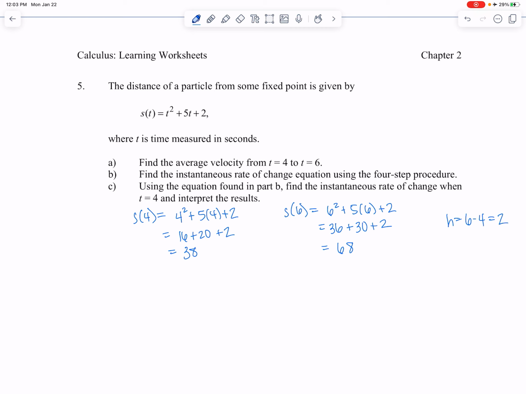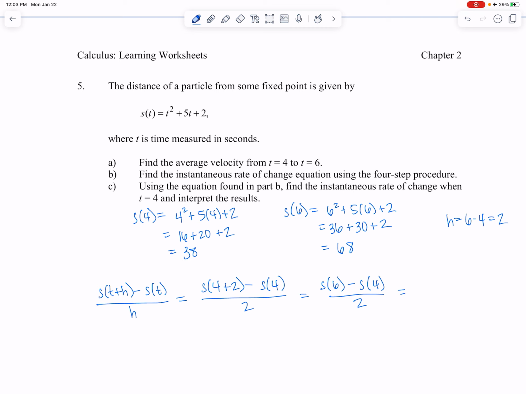Okay, so now we want to use s of t plus h minus s of t over h. So we have s of 4 plus 2 minus s of 4 over 2. 4 plus 2 gives us an s of 6 minus s of 4 over 2.